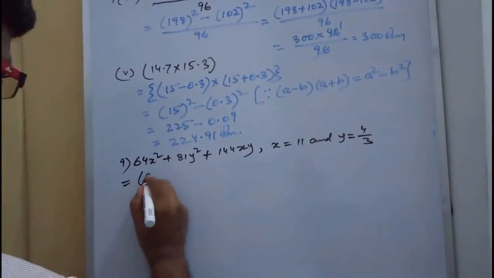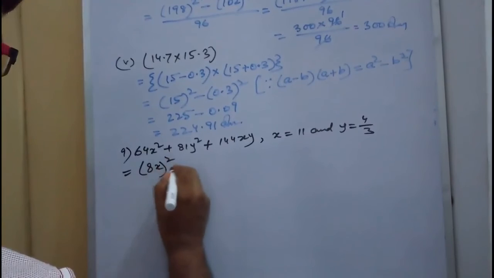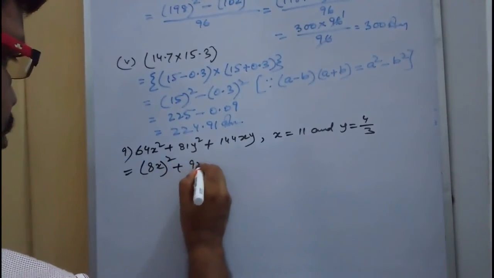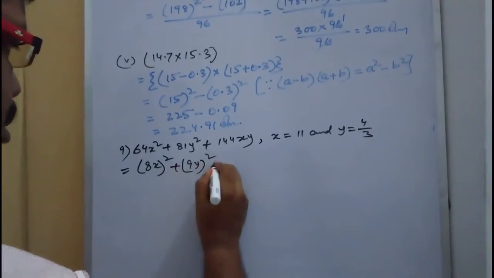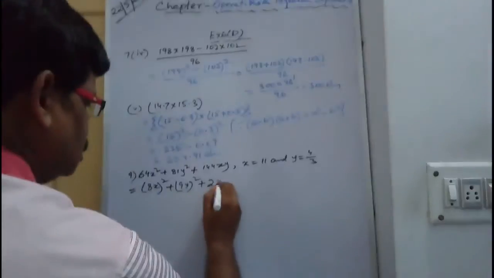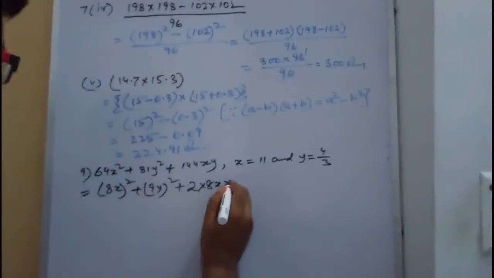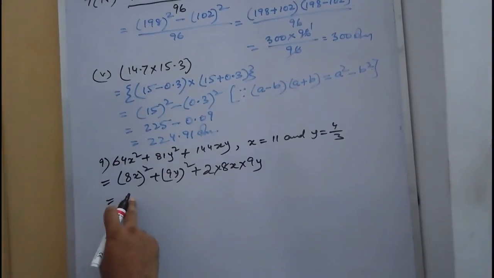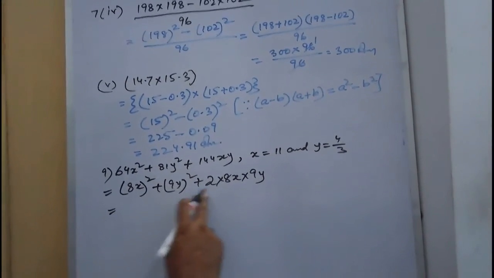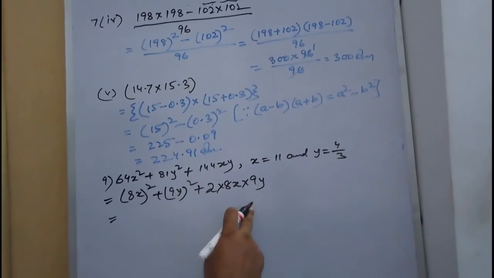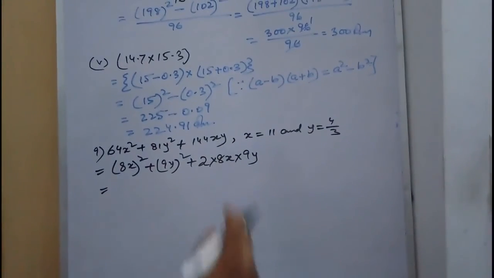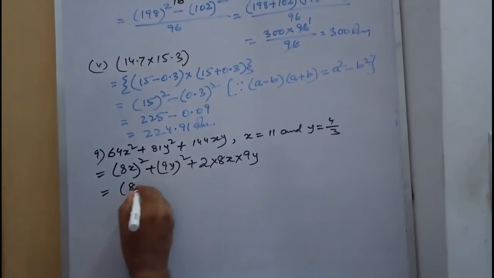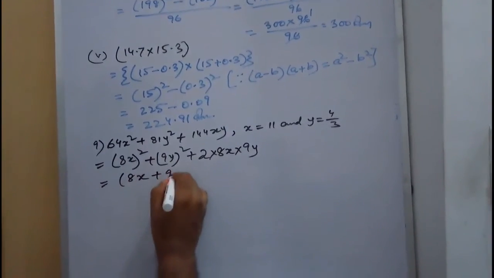So this can be written in this way, (8x) square plus (9y) square plus 2ab. So a square plus b square plus 2ab according to identity, that is (a plus b) whole square. So (8x plus 9y) whole square.